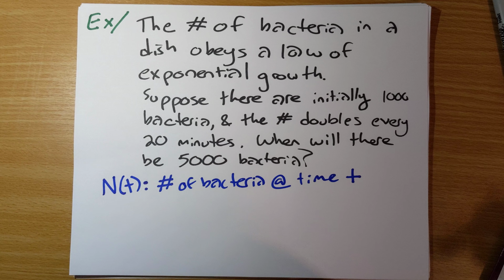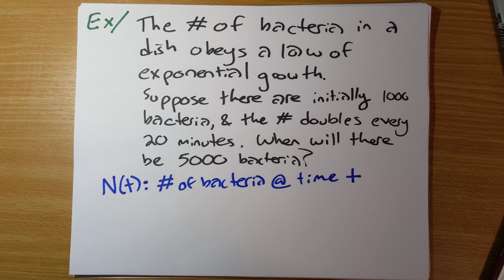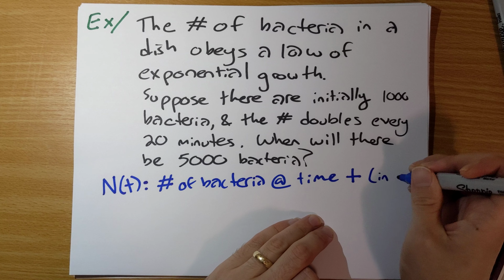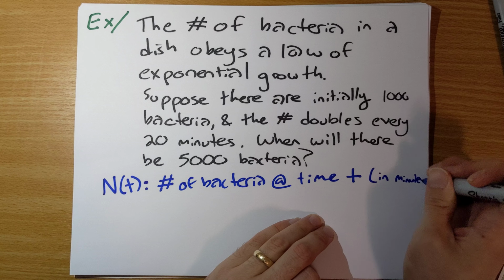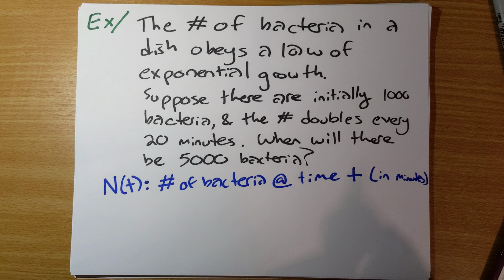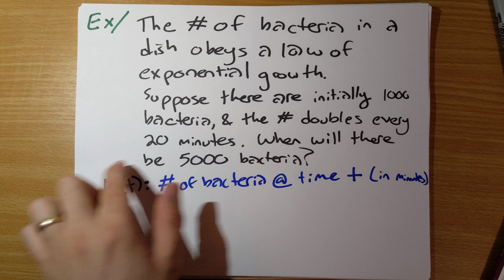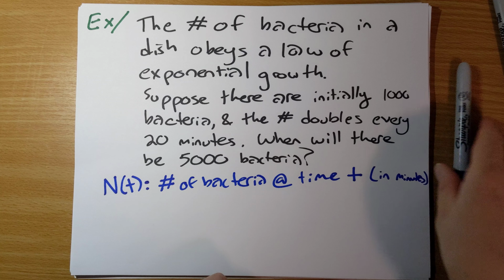We're told here 20 minutes, so let's say t is measured in minutes. We could have done this in hours, and then in 1/3 of an hour, the population has doubled. But I think it's easiest just to stick here with minutes.